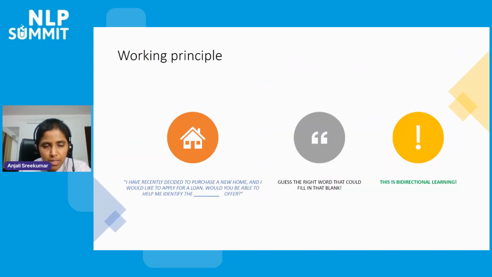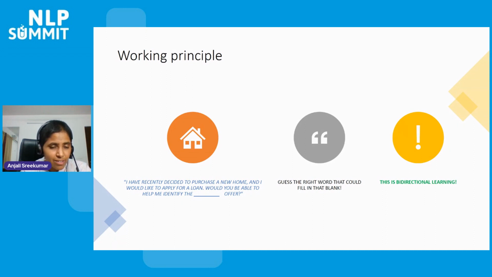In order to understand what that bidirectional transformer sitting in between is, let's look at this simple example. Here we have a sentence with a blank, and our goal is to fill it in appropriately. I have recently decided to purchase a new home and I would like to apply for a loan. Would you be able to help me identify the blank offer?